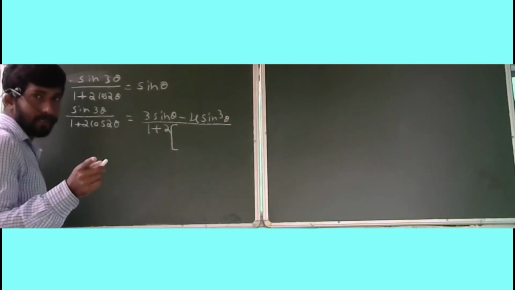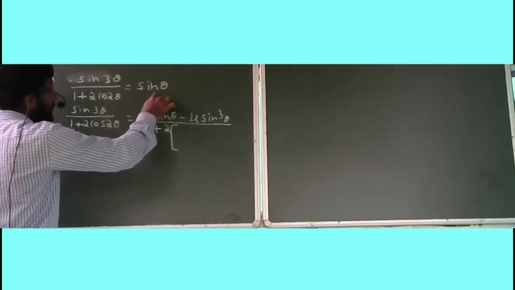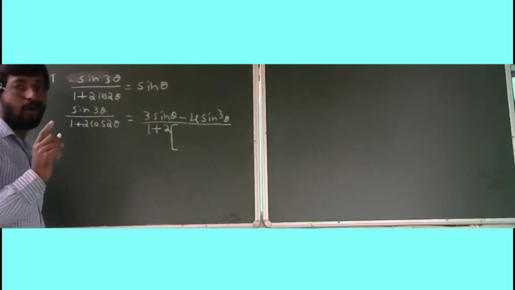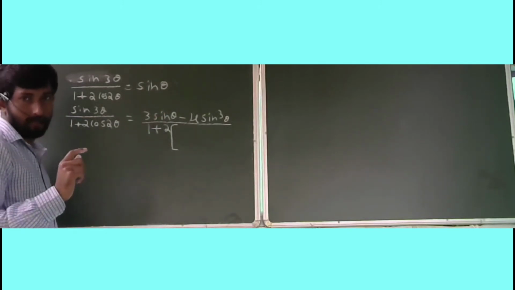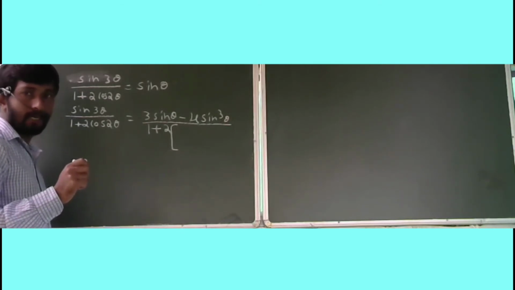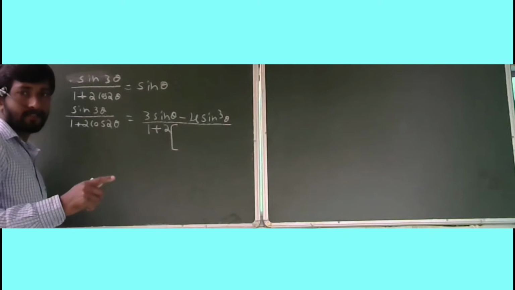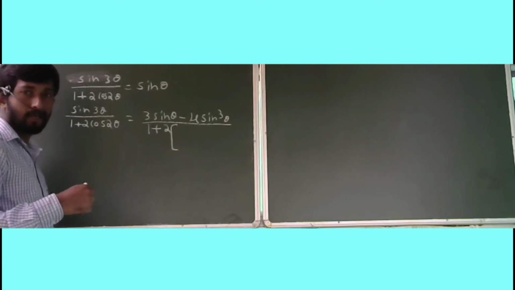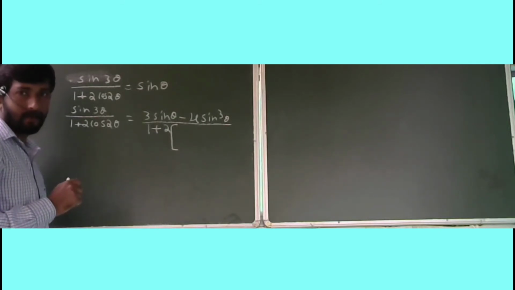Observe the right hand side. Right hand side, see, only sine theta is there. For cos 2 theta, we have three formulas, right? One is cos square theta minus sine square theta. Another one is 2 cos square theta minus 1. And the third one is 1 minus 2 sine square theta.